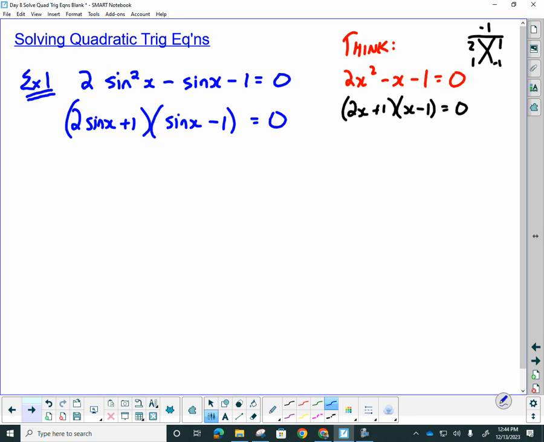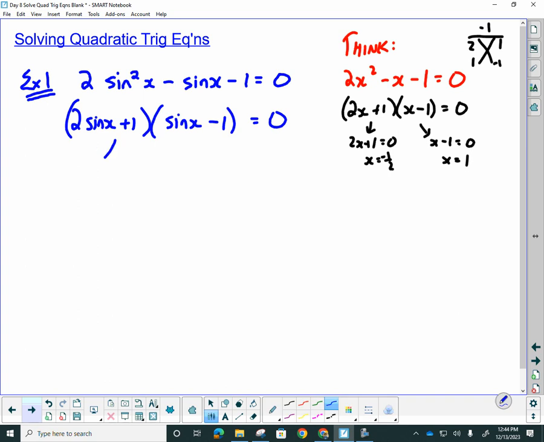And again, think back to what we would have done had this been a regular quadratic one. We'd set this equal to 0 and say x is negative 1/2, and set this equal to 0 and say x equals 1, and we'd solve from there. Well, same idea here.